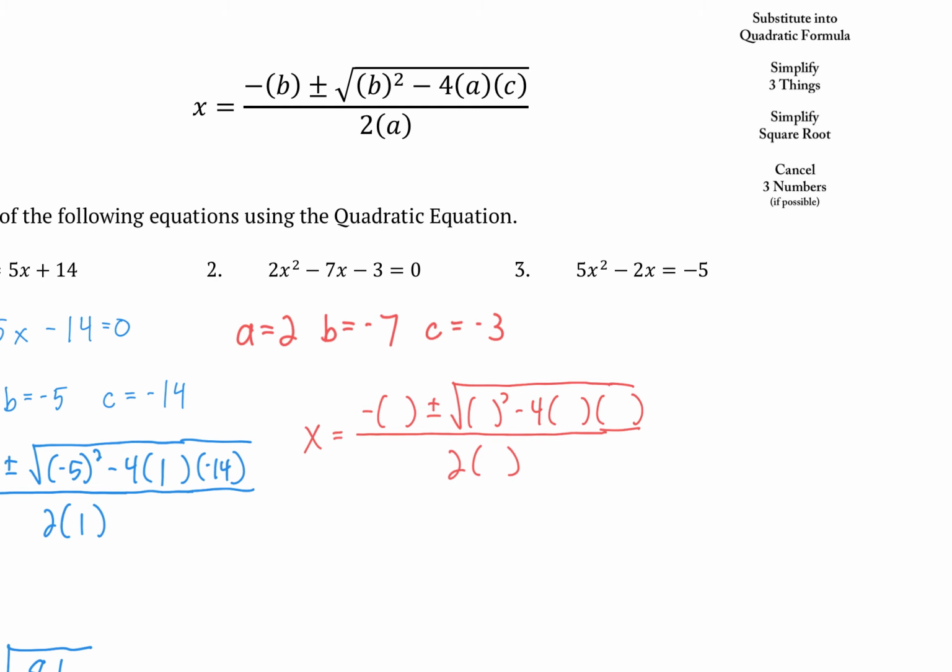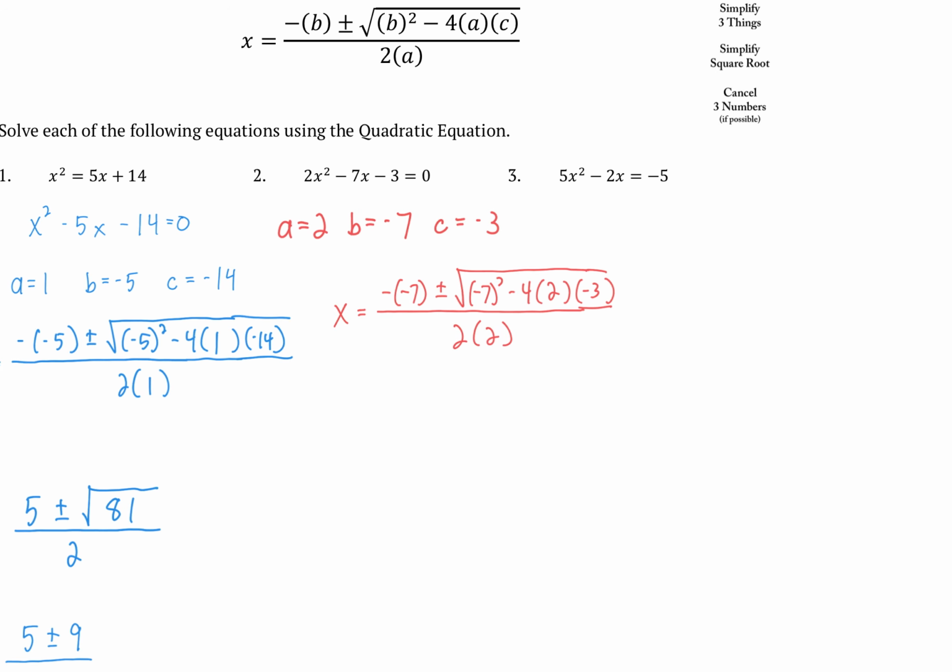So the first thing in the formula, the B's kind of go in the first two parentheses. So these are both B's here. Those are negative 7, negative 7. Okay, next in the formula, A goes here, C goes there. So A is 2 and C is negative 3, and then A goes in the bottom. That's 2. All right, now we're going to simplify to the 3 numbers.